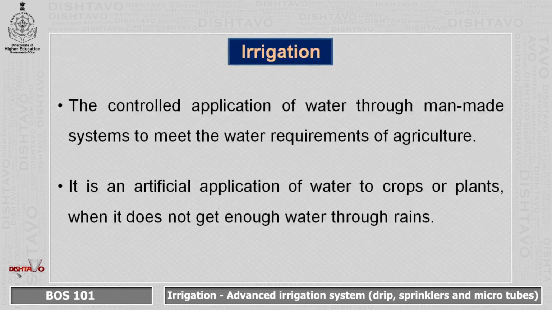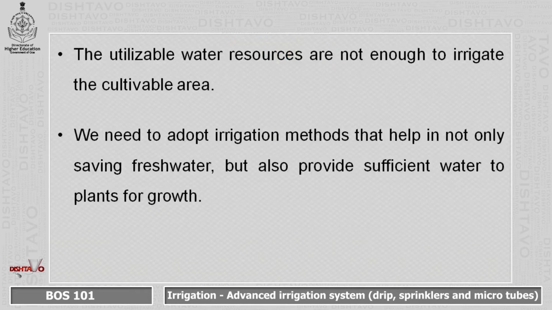Irrigation. The controlled application of water through man-made systems to meet the water requirements of agriculture is called irrigation. It is an artificial application of water to crops or plants when it does not get enough water through rains. The utilizable water resources are not enough to irrigate the cultivable area.